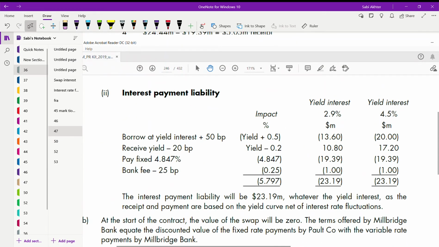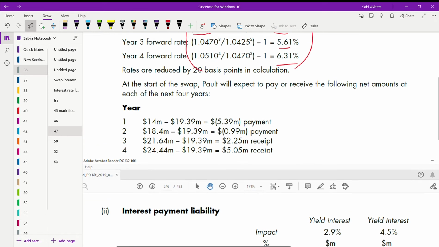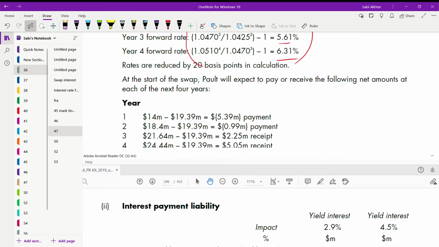Right? This. What is it? 47. Let me go to 47.